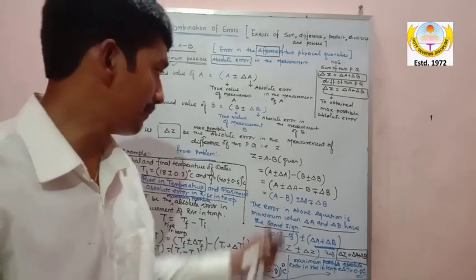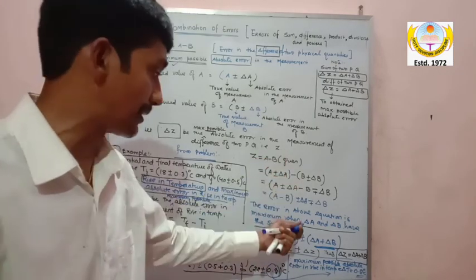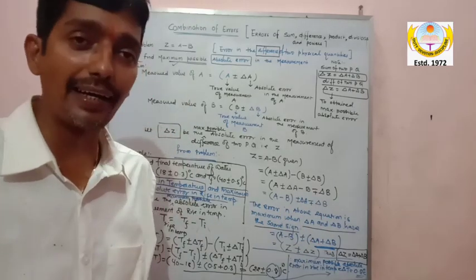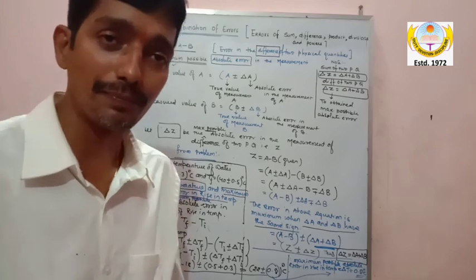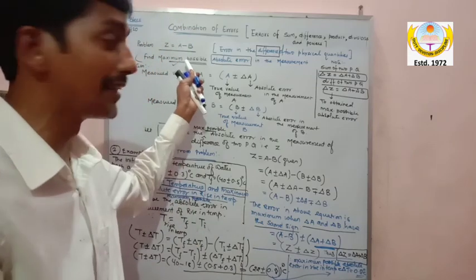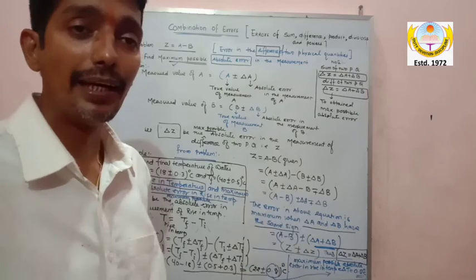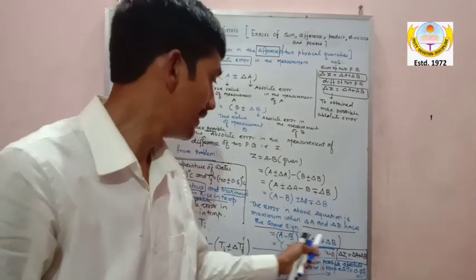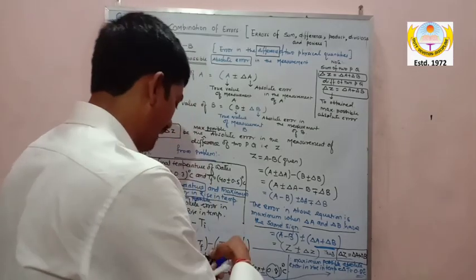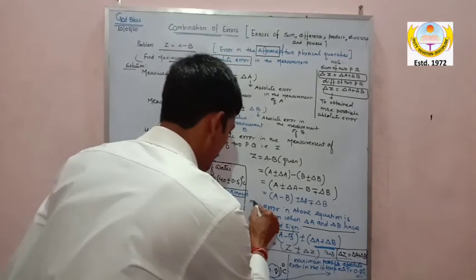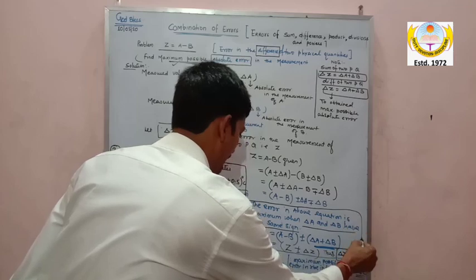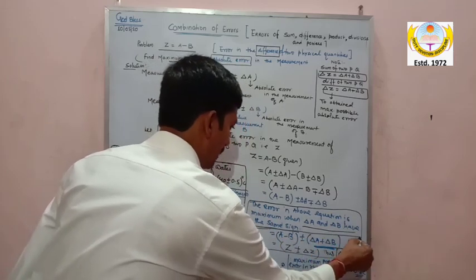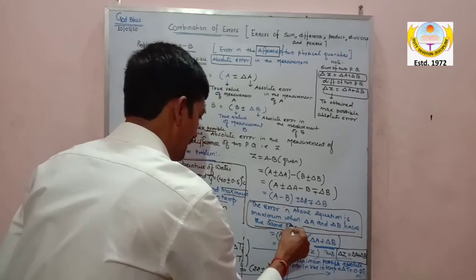Why have I said the question is on difference, but still you are adding the errors? Because the error is to be maximum. The error in the question should be maximum. This is a very beautiful and very important line: the error in the above equation is maximum when delta A and delta B have the same sign.